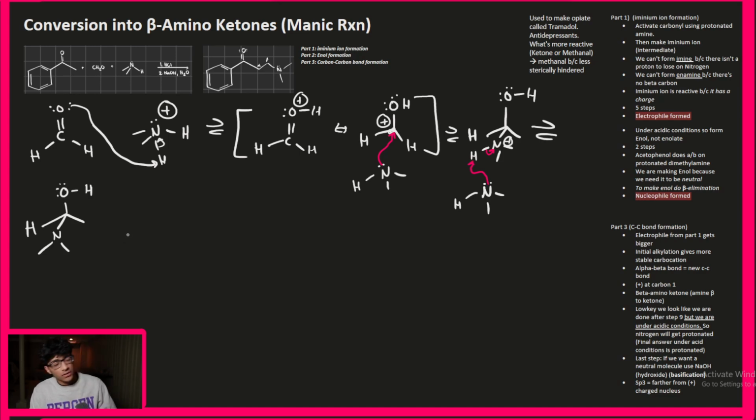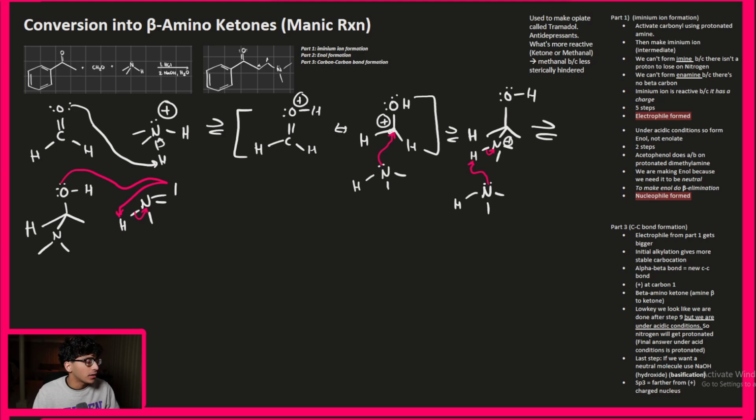So now we're gonna have to kick out OH, right? Because we have to form the aminium ion. So how we're gonna do it is that the O is gonna attack, he's gonna deprotonate, because we're in acidic conditions. You can't form a negative charge. So the O is gonna attack right here.